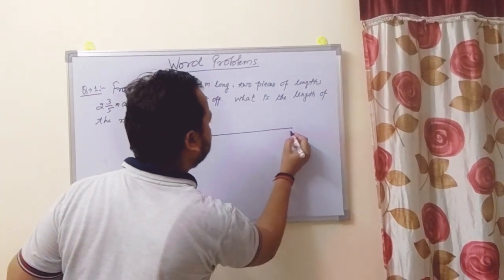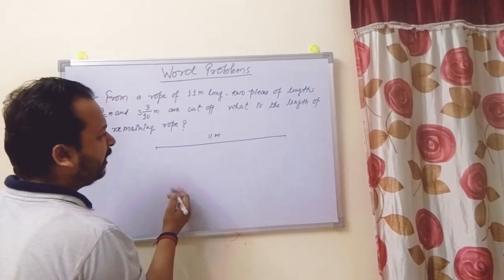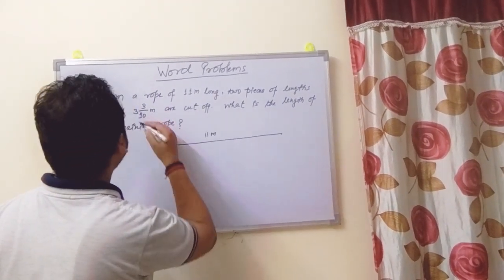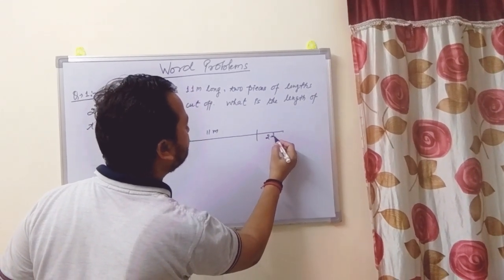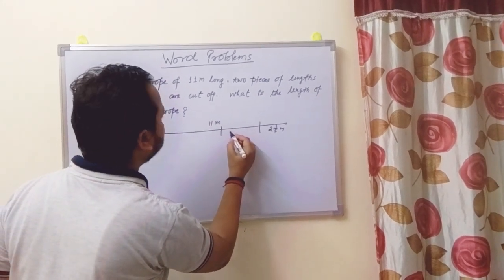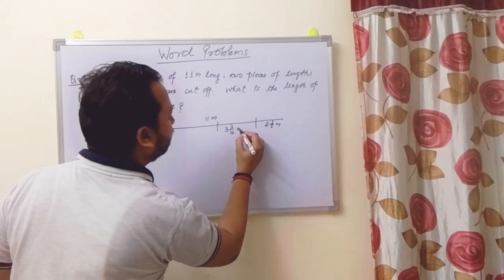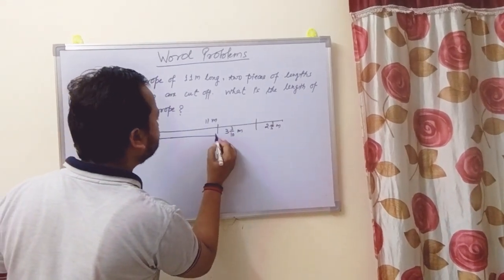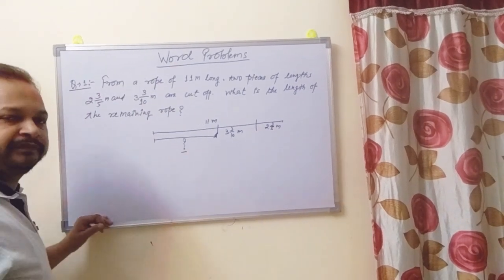Suppose this is the length of 11 meter rope, right? We have cut off one part, which is 2 whole 3 by 5 meter, and second part, which is 3 whole 3 by 10 meter. So you have to find out the length of this remaining part, right?